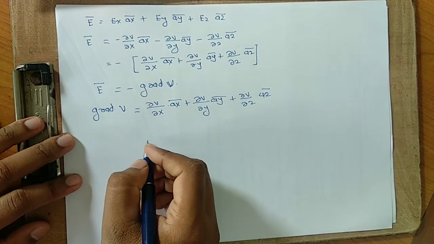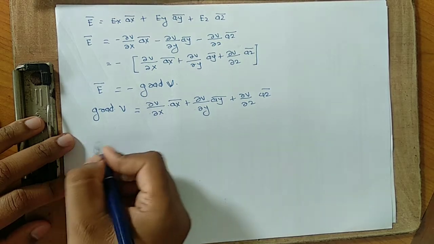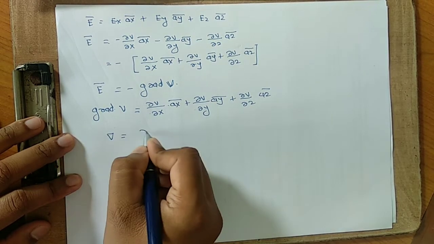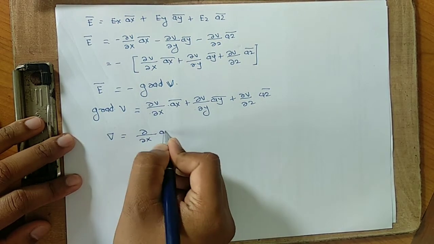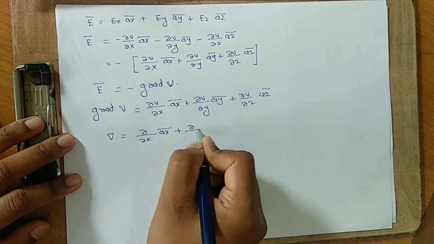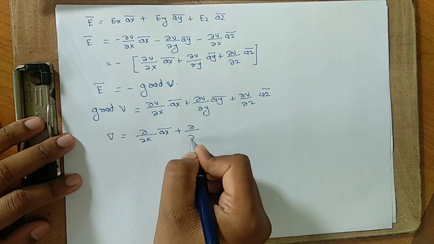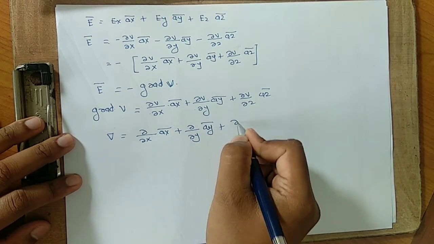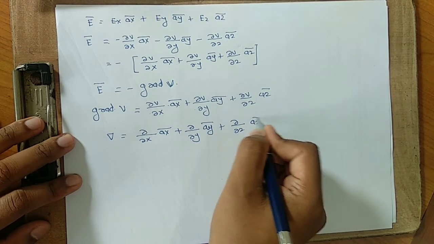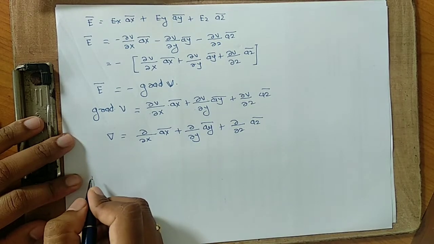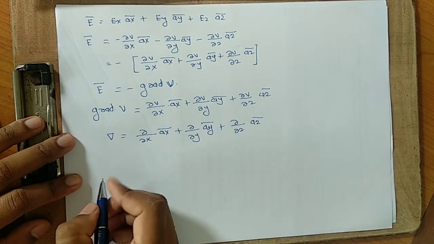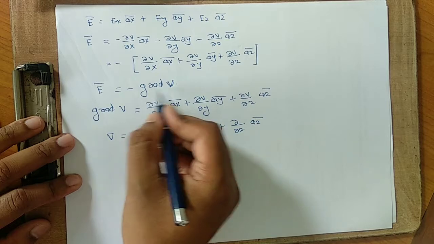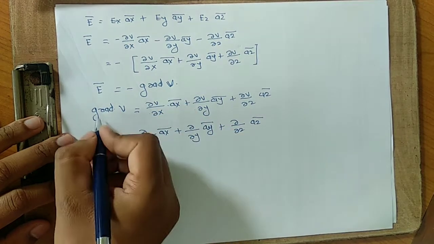But we know the del operator. What is the del operator? Del by del x ax bar, del by del y ay bar plus del by del z az bar. That is the del operator. So what will happen? This is what the gradient of V means.